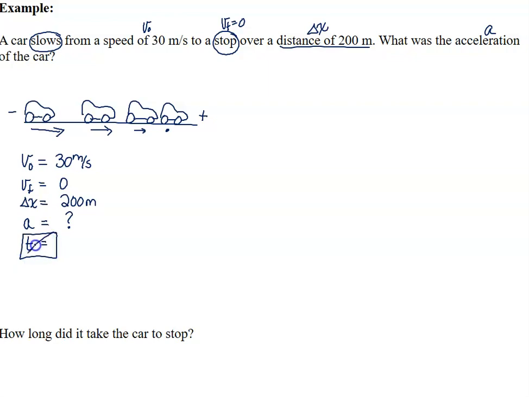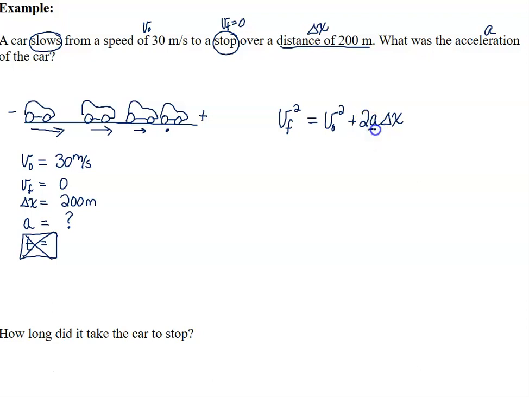So time is our who cares variable. So of those 5 equations, we need the one that does not contain time. And that is the final velocity squared is equal to the initial velocity squared plus 2a delta x. So I've identified my equation, and now I need to manipulate it to solve for the unknown.